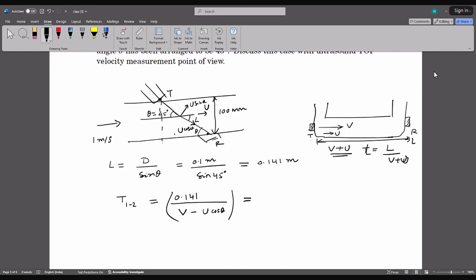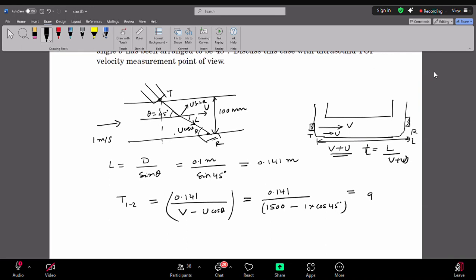So it is v minus u cos theta, that is 0.141 divided by the velocity of the sound wave, considering this is water, 1500, minus 1 into cos 45 degree. That will come out to be 94.325 microsecond.